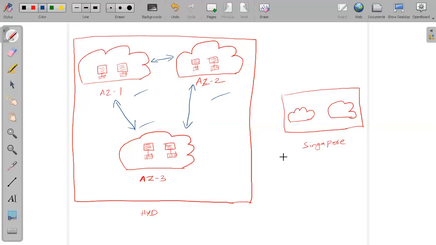And for any reason, if any application or any of the services in another region needs to be availed, how can they do that?